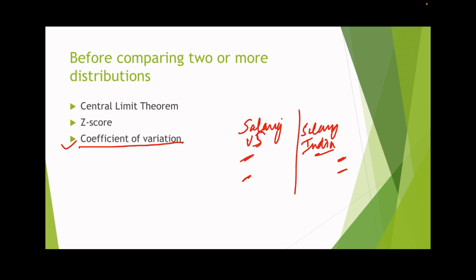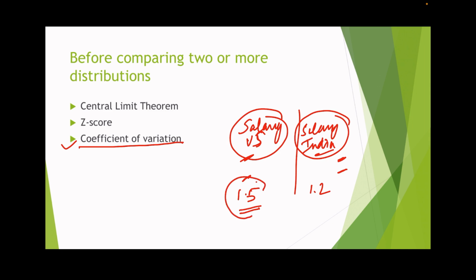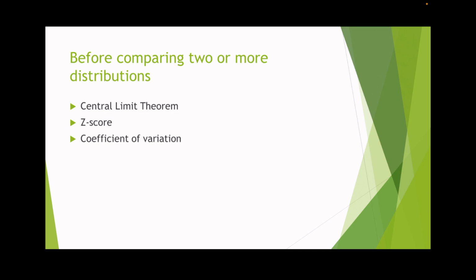For example, salaries in US, if the coefficient of variation for salaries within US is 1.5 and salaries in India is 1.2, then that tells us that in US there is higher variation within the salaries, there is a high range of salaries that are being given to the employees in the US. So is this good or bad?